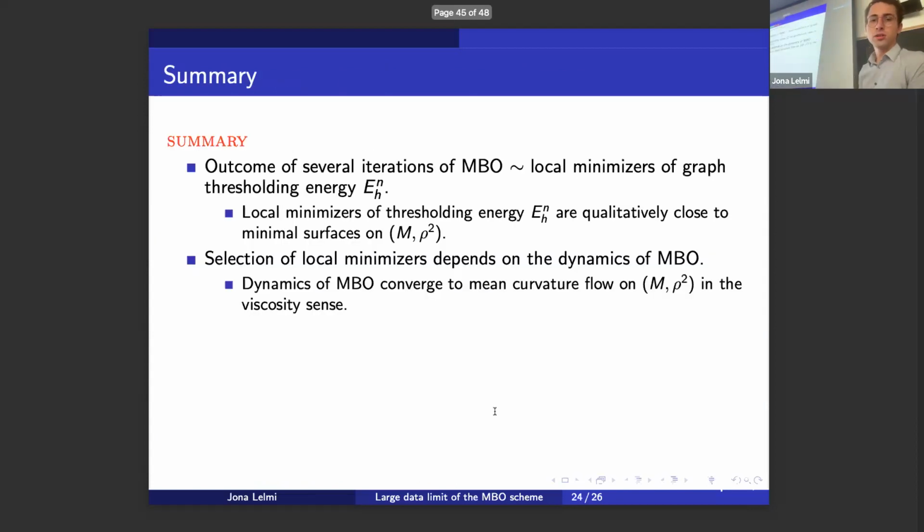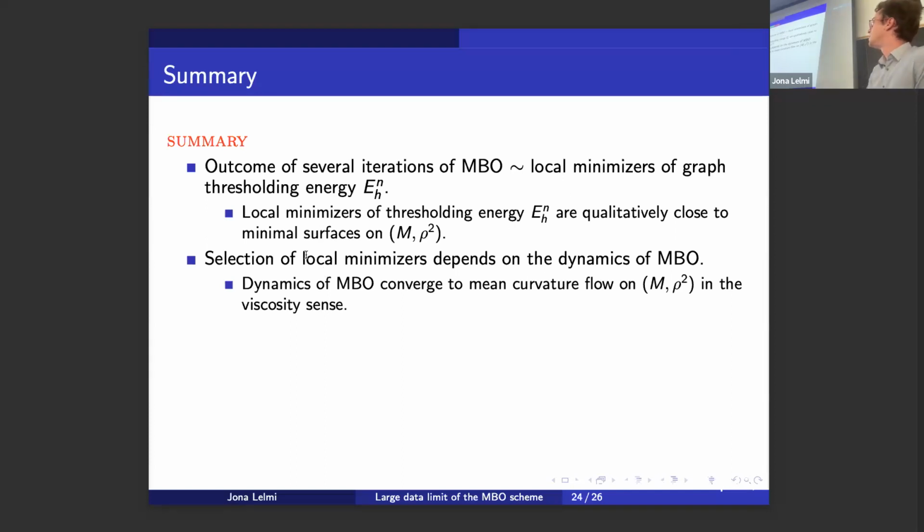Now to conclude, and then maybe we have time for some questions, I just want to make a summary. We have seen that the outcomes of several iterations of the MBO scheme are close to local minimizers of the graph thresholding energies. We have proven that these local minimizers are qualitatively close to minimal surfaces on the manifold.